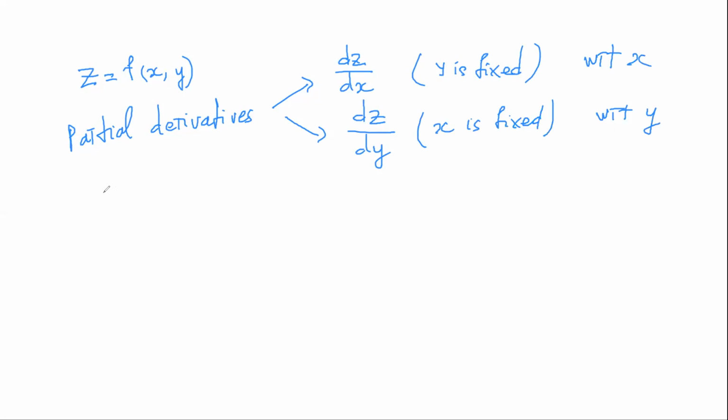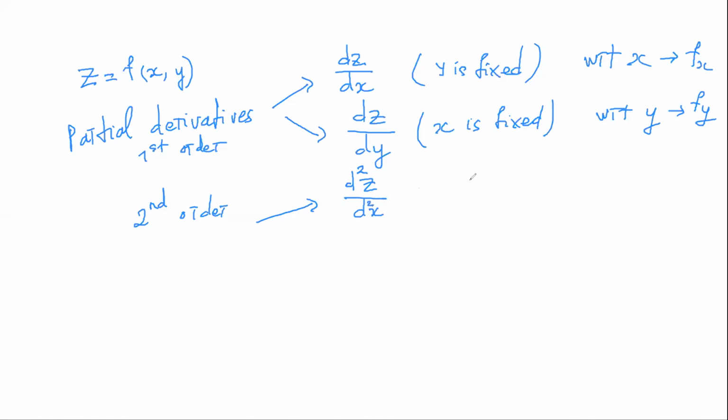However, this is the first order. For the second order derivatives, you can denote this as fx, and this as fy. So we will have fxx, right?